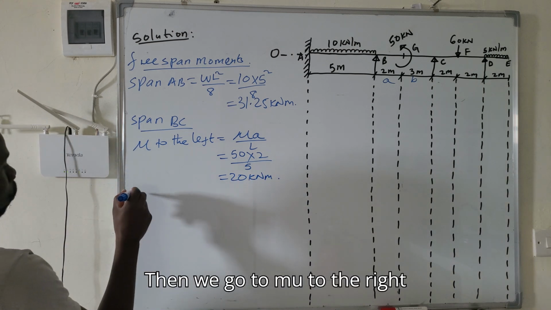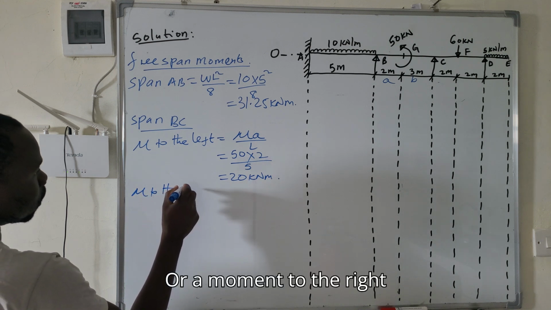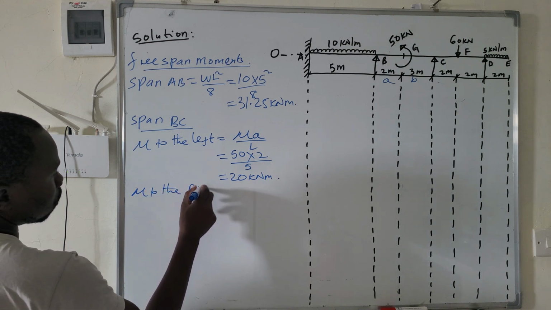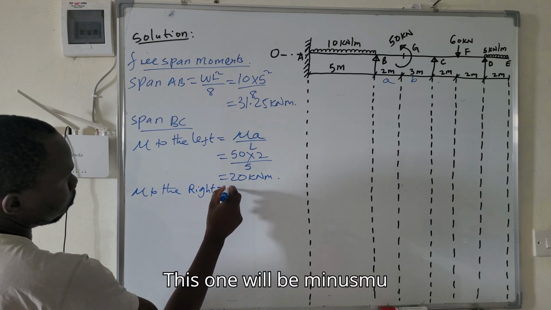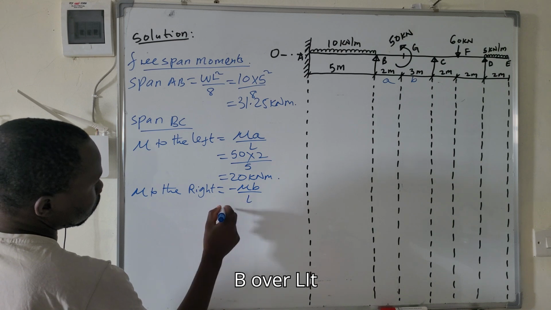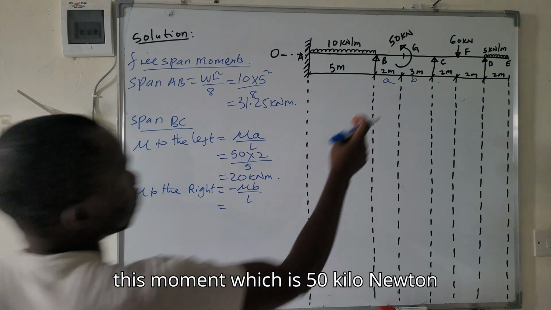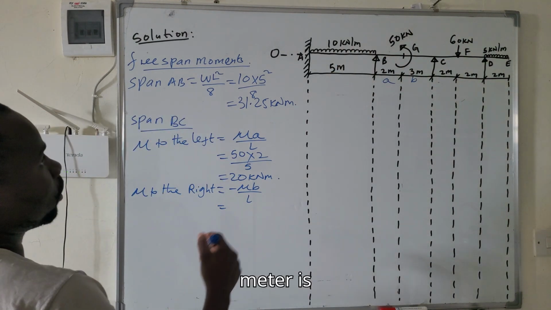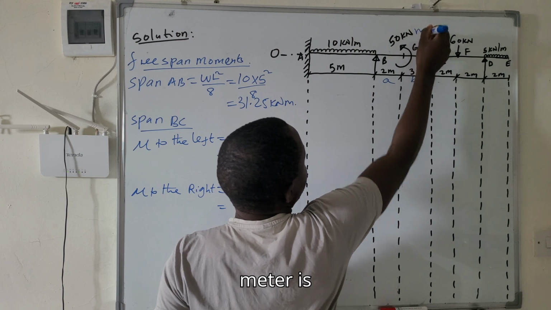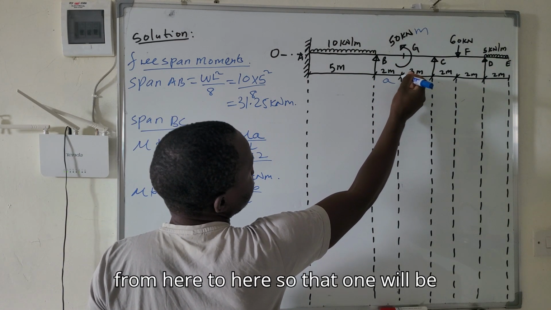Then we go to the moment to the right. This one will be minus M B over L. It means that this moment, which is 50 kilonewton meter, is causing hogging at B from here to here.